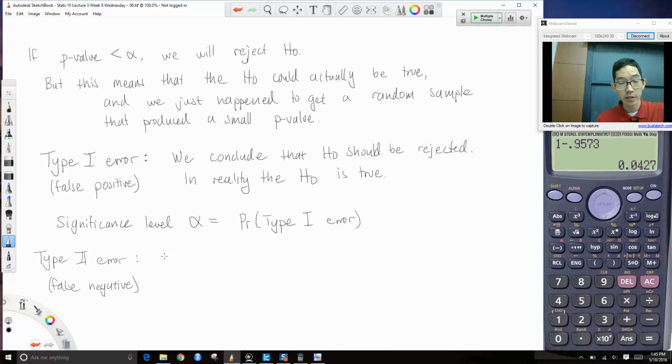All right, and so here our conclusion, we conclude not to reject the null hypothesis, but in reality, the null hypothesis is false and should be rejected. And the probability of a type 2 error is beta.